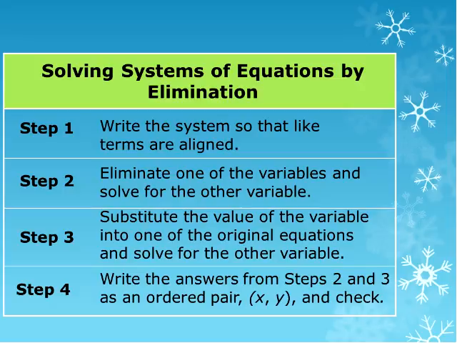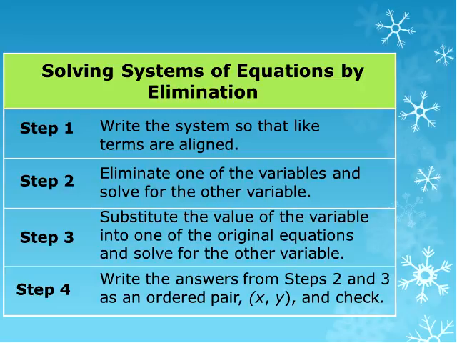Okay, so these four steps right here have to get into your notes. All right, very important so that we can look back at them when needed when solving using the elimination method. So the first thing that we're going to want to do is write our systems so that the terms are aligned.